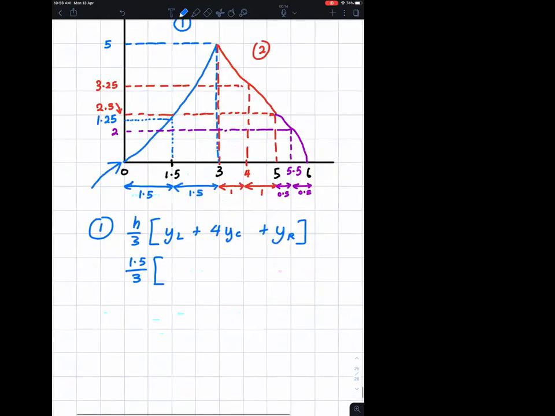YL is 0, plus 4 times. Then what is YC? This is YC, which is 1.25.